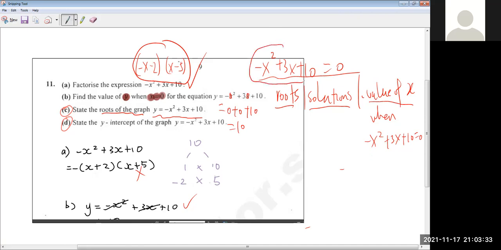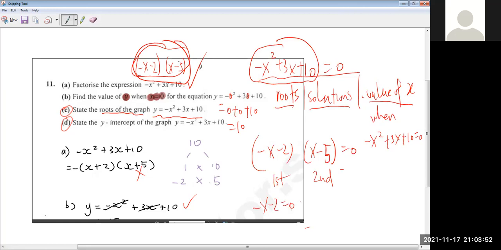You already have this one equal to this one, so just do this. The second bracket is this, equate to 0. This is your first term, this is your second term. To solve this, equate the first term to 0 or equate the second term to 0.